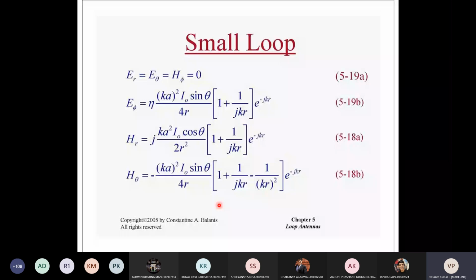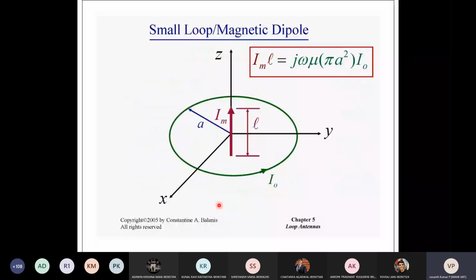So here, small loop, we have these equations for the small loop. Okay, small loop. These are the derivations of these equations which we have just seen. Okay, next slide.